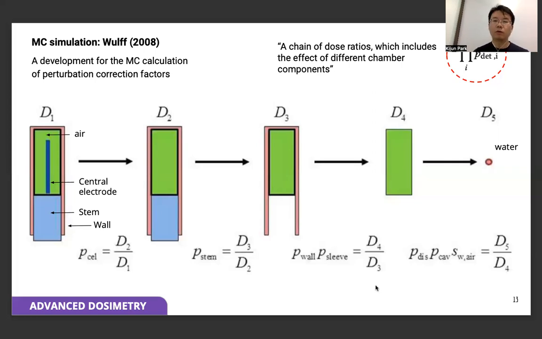Basically, the overall D5 over D1 is going to be the combination of these perturbation factors, to put into the conversion factor.